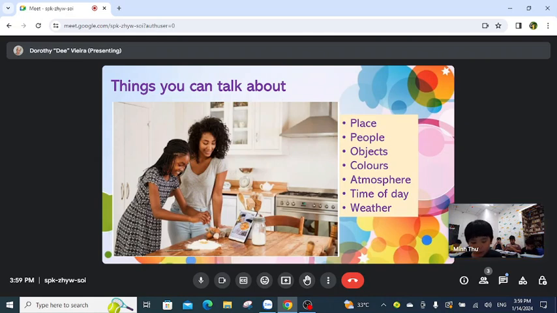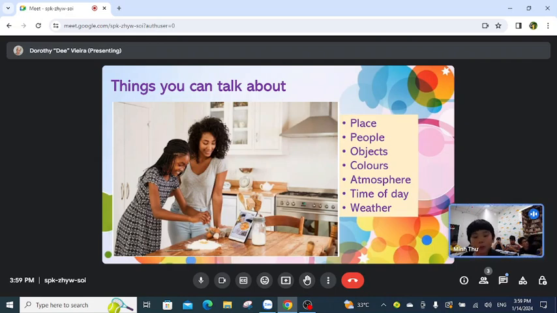So tell me what's silver and what's white, Lam? In the kitchen, the walls and the cupboard are white. The cooker and the extractor fan are silver. The table and chairs are brown.